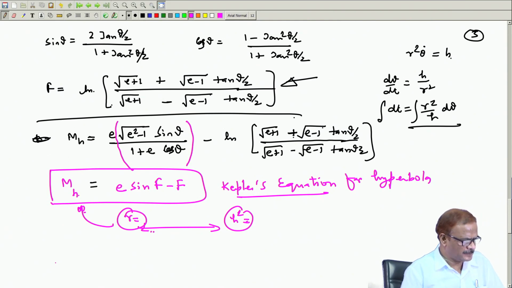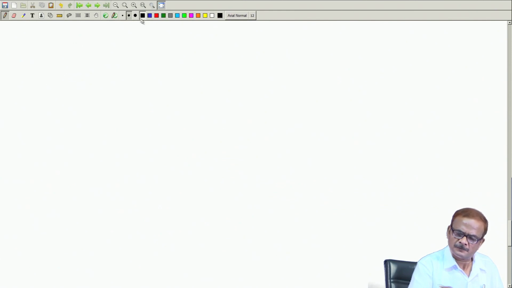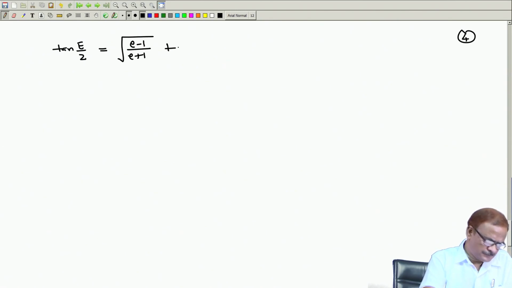Particularly, we have a few relationships that we should look into: tan E by 2 will be under root E minus 1 over E plus 1 times tan theta by 2, and the same way it can also be written as tan theta by 2 equal to under root E plus 1 over E minus 1 times tan E by 2.